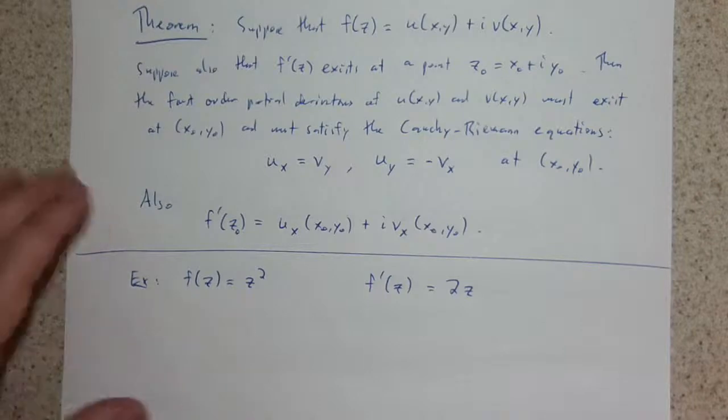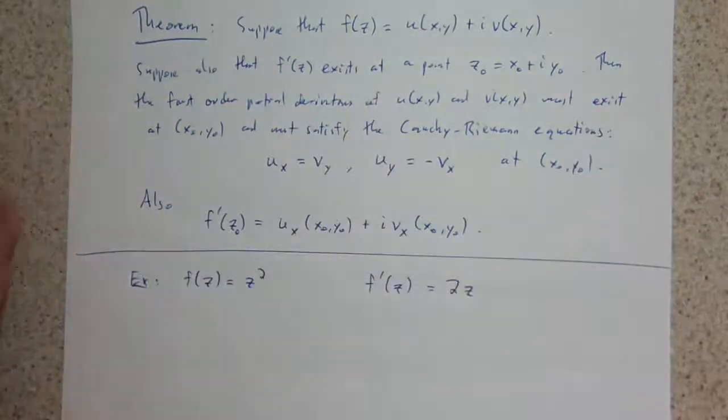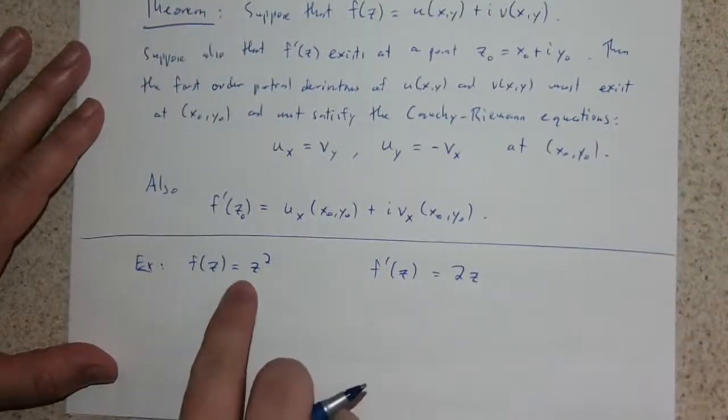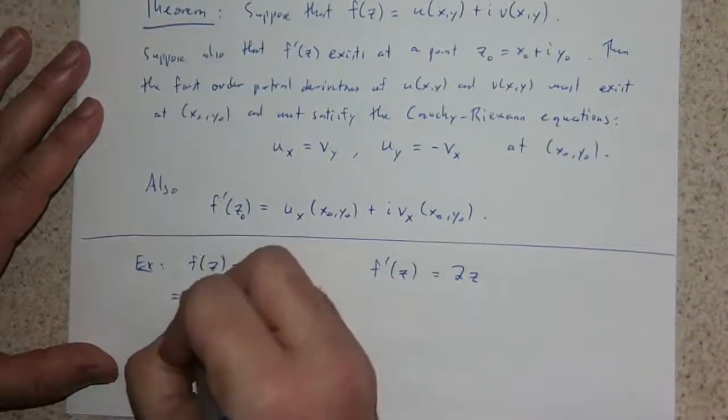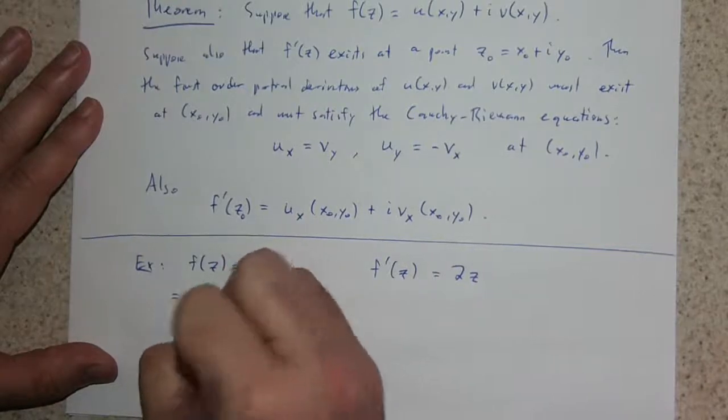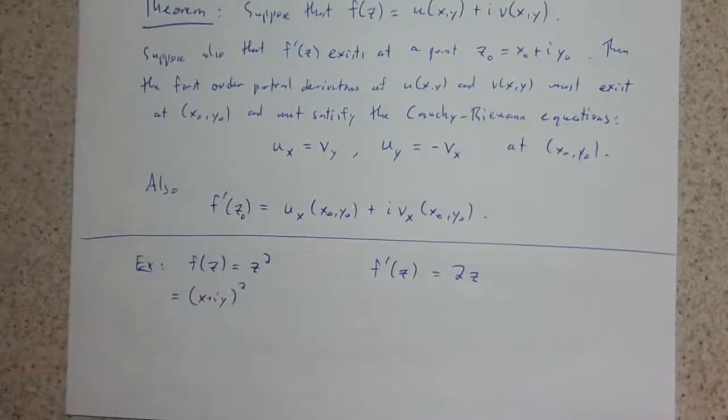But what we want to do is actually check that this satisfies the above theorem, satisfies the Cauchy-Riemann equations at some point, and so on. If we're going to do that, let's recall, this is me writing (x + iy) squared here.